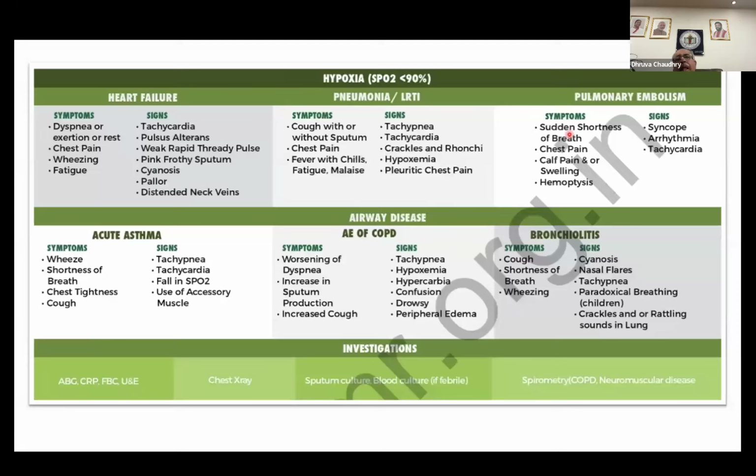So the features will resemble asthma: marked wheezing, respiratory distress, and flaring. In extremes, you can see paradoxical breathing. And again, crepitations and rattling sounds, which usually clear with expectoration, are commonly seen in these patients.